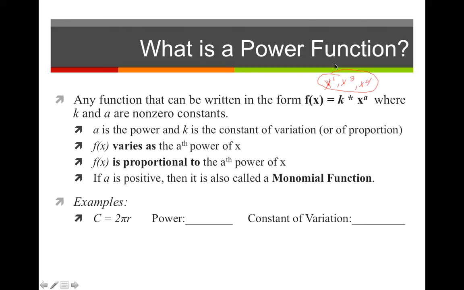So a couple examples here. If I gave you C is equal to 2 pi r, you might know that's the circumference equation. The r is my variable, and this is r to the 1st power, and the constant of variation is the number in front, which is 2 pi.